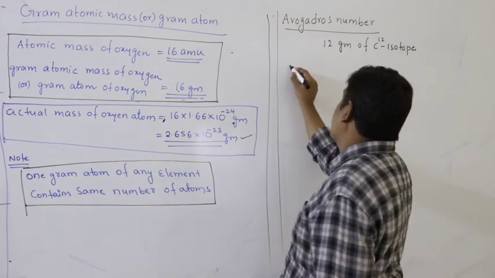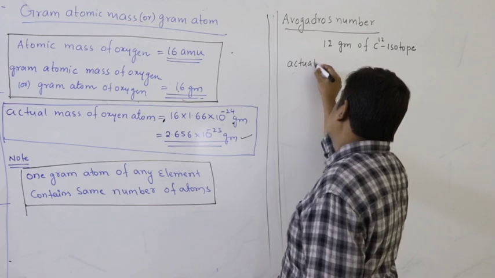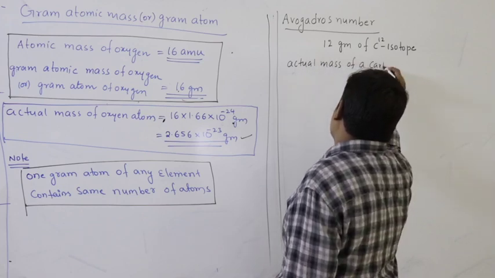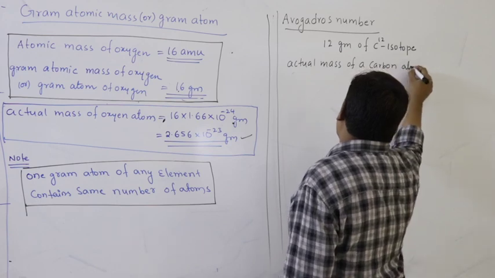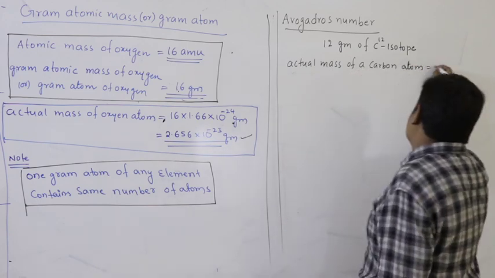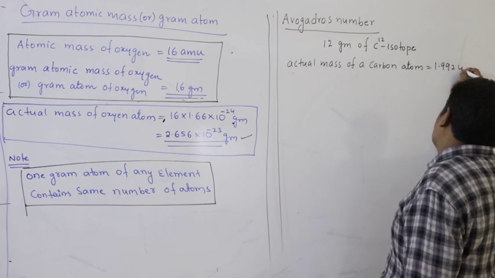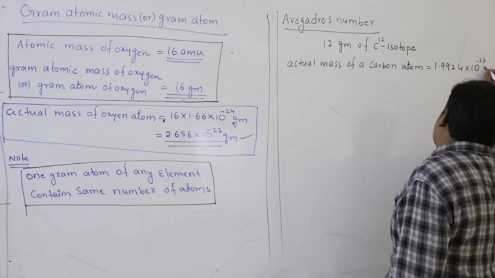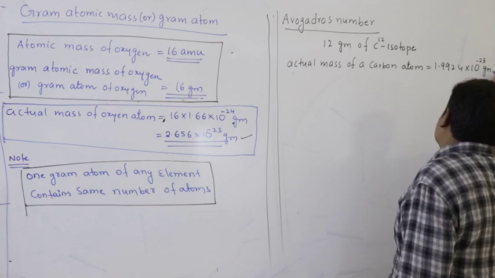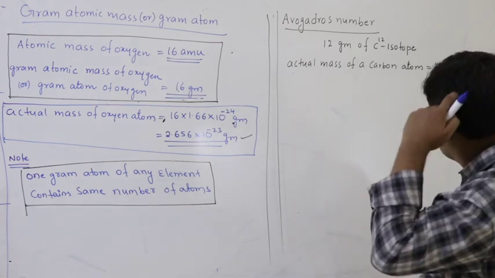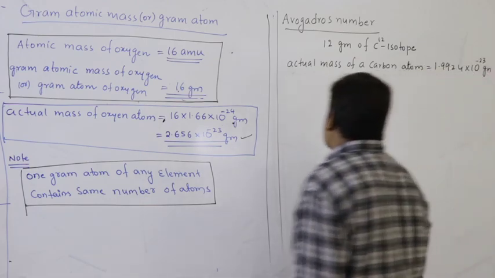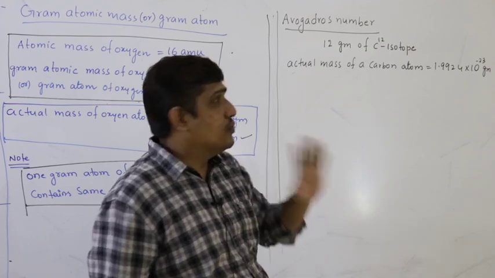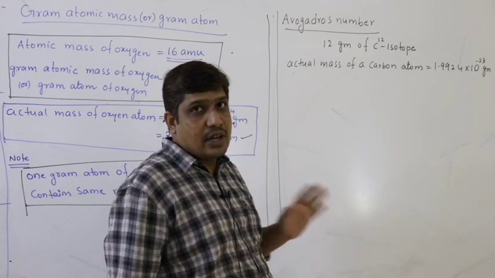The actual mass of a carbon atom is 1.9924 into 10 power minus 23 grams. So, one carbon atom mass is 1.9924 into 10 power minus 23 grams.